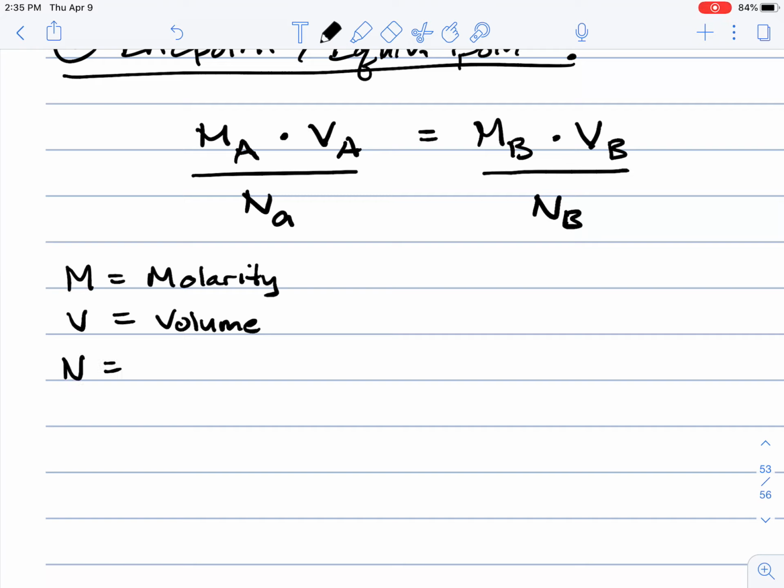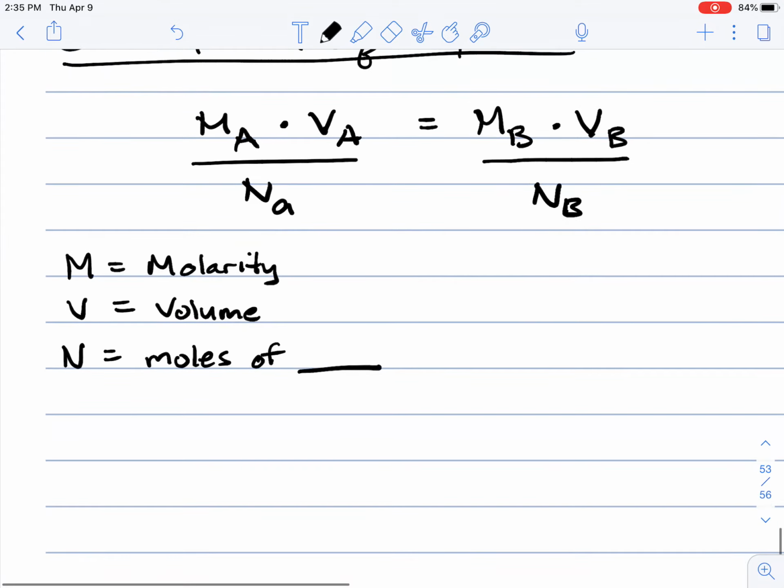And N is equal to the moles of whatever that substance is. Okay. So this is typically the mole to mole ratio. So you are going to grab these values from the coefficients in your chemical equation.